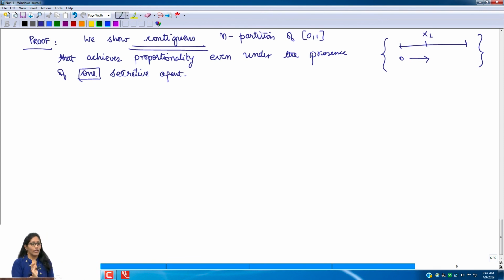Again, I'll show an algorithm which will run in poly n, and the algorithm would be similar to a moving knife procedure.